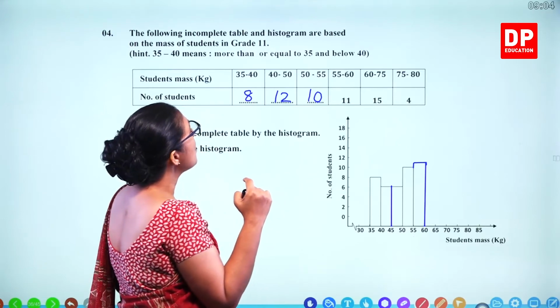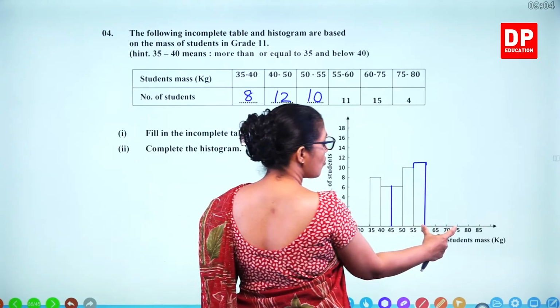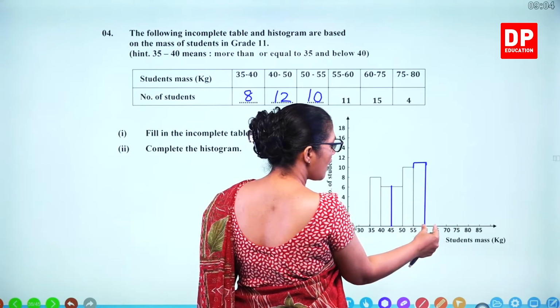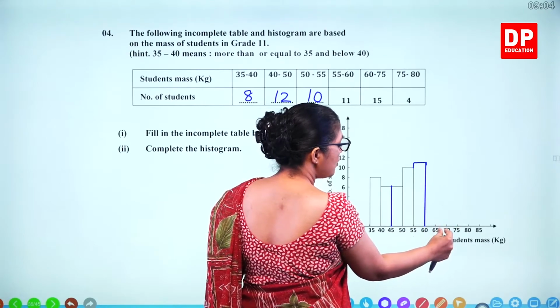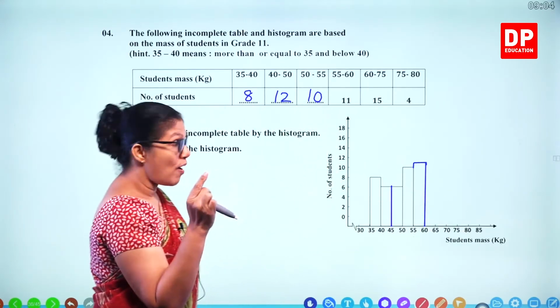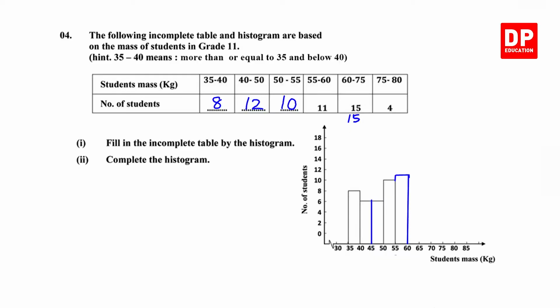Then next one, 60 to 75. That's also, the width is not the same. How many intervals are there? 60 to 75. 1, 2, 3. So that means you have to divide this by 3. So 15 divided by 3, you get 5 each. That means 3 intervals with each one 5. So 5 is here. So you get up to 75.